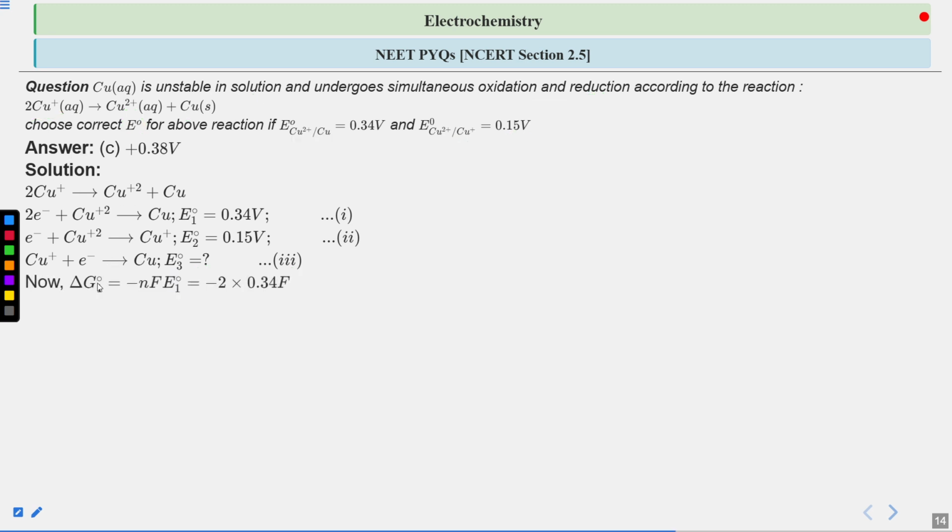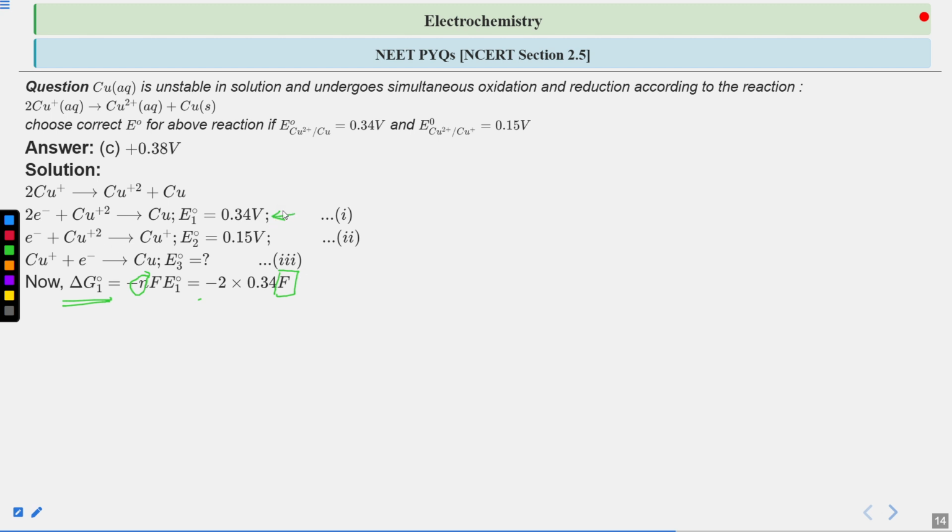Now we know that free energy for a reaction is defined as delta G1 naught equals minus nFE1 naught. We know the n for each reaction, and the F value, let's put it as F only because it is a constant, and E1 naught we already know, which is 0.34 volt.